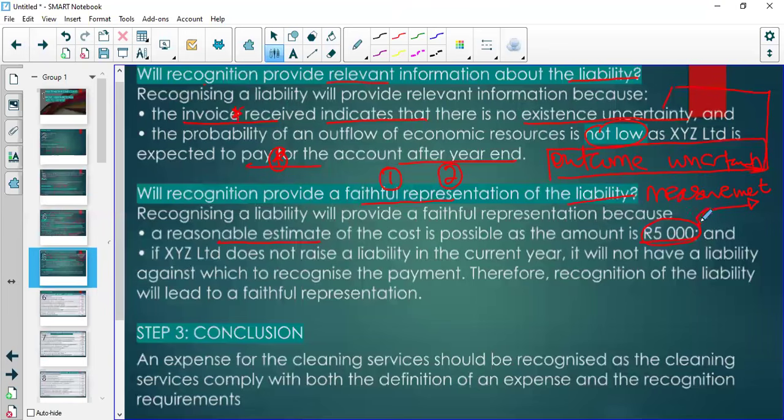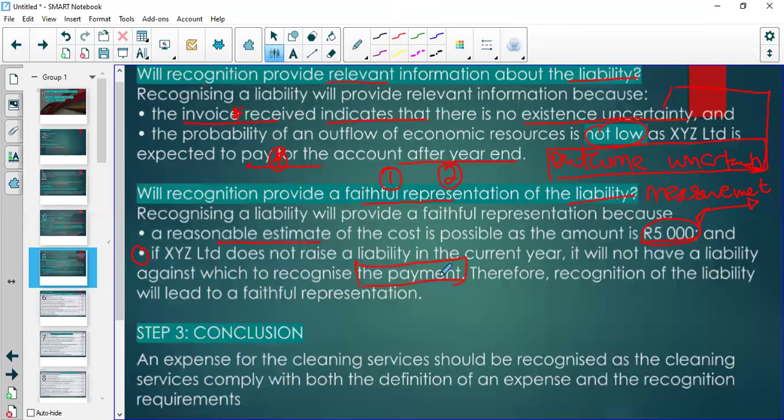At what amount should the expense or liability be recognized? And to avoid a mismatch, because if we do not recognize a liability now, we will have to make a payment later. And then against what are we going to recognize the payment when we make the payment? Okay.